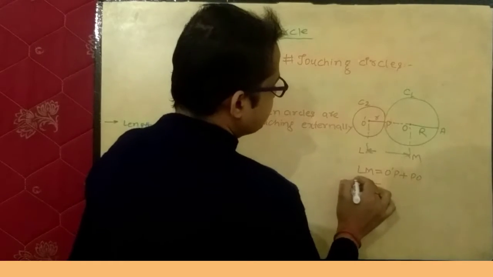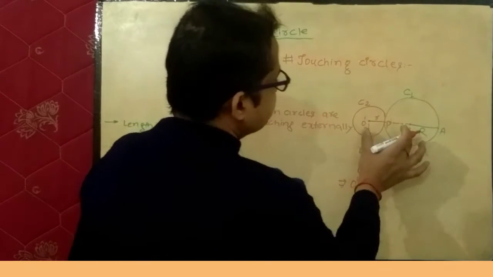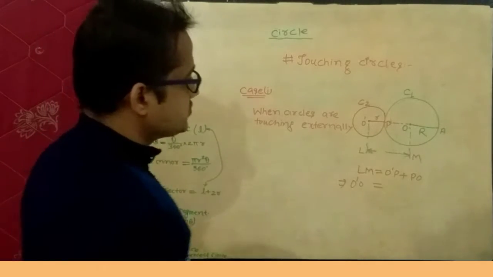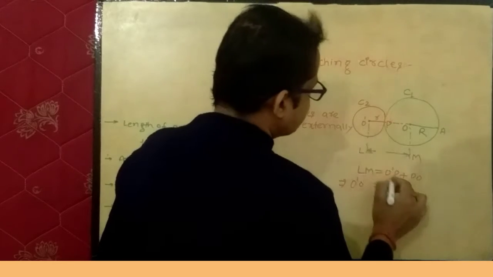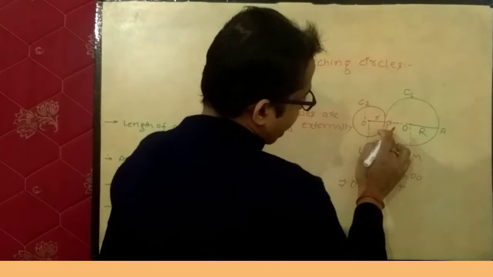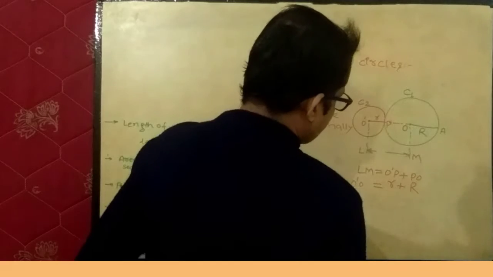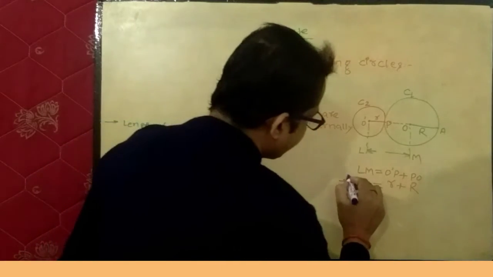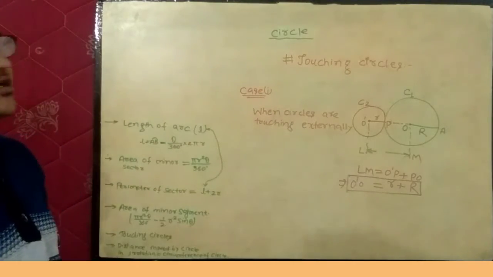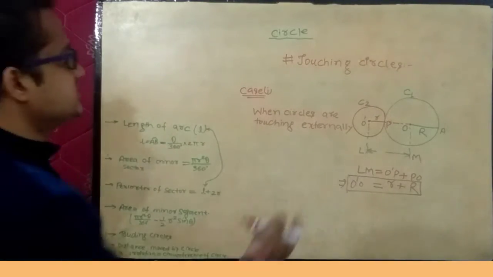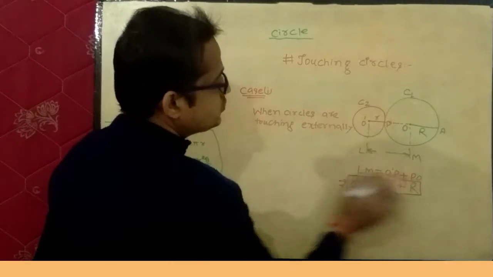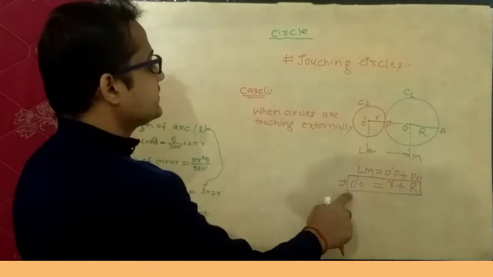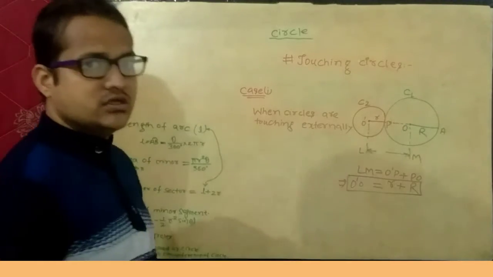You can also write this as O dash O, the distance between the centers of these two circles. O dash P is small r, and PO is capital R. So if you have to find the distance between the centers of two circles touching externally, simply add the radii of these two circles.